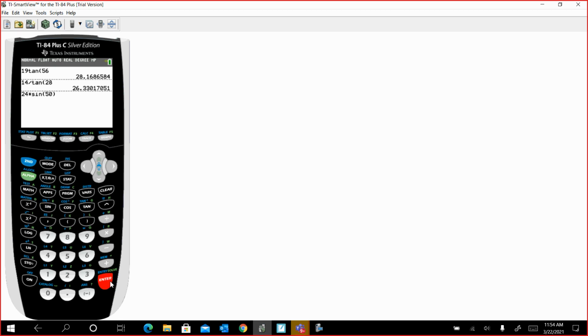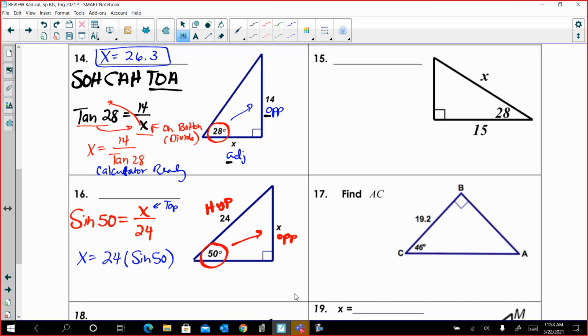You can close the parenthesis or not. It doesn't matter. It's not going to change anything. And so this we can round because we have a 3, 8. So this is going to be 18.4. X equals 18.4 here.